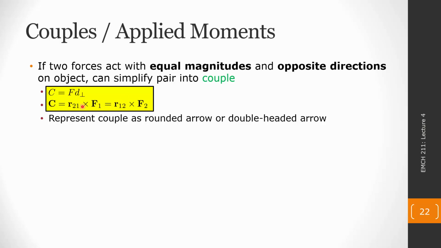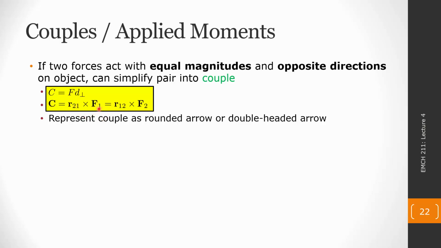It's going to be an r cross F, like we saw for taking the moment about a point, but here the position vector is going to point from any point that the second force vector passes through, to any point along which the first vector passes through, crossed with the Cartesian components of the first vector. Now really in this context, the first vector is whatever the end point is of the position vector.